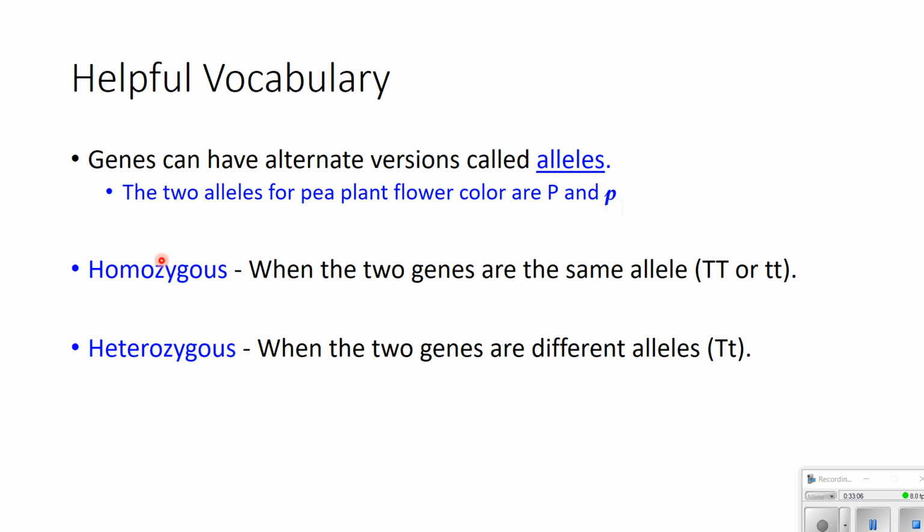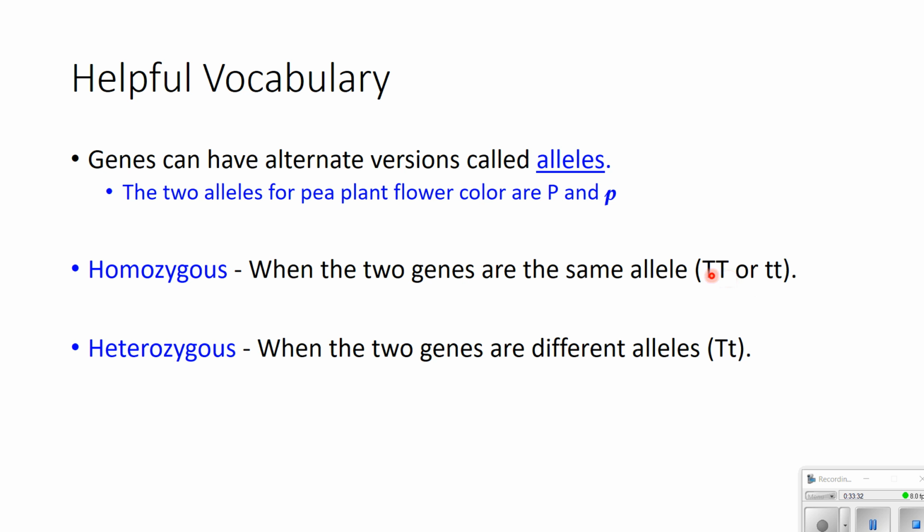You've already heard me use the terms homozygous and heterozygous quite a bit. Homozygous means that the 2 genes are both the same. Homo means same, the same allele. So big T for tall, or little t for short, or big P for purple, little p for white.